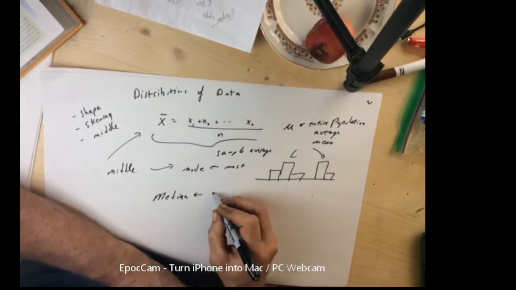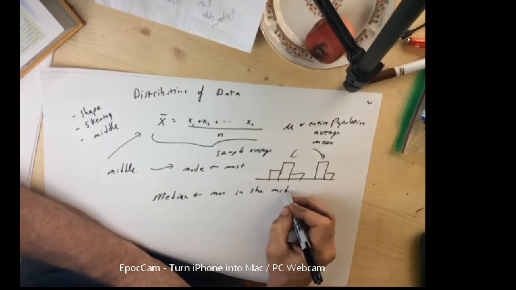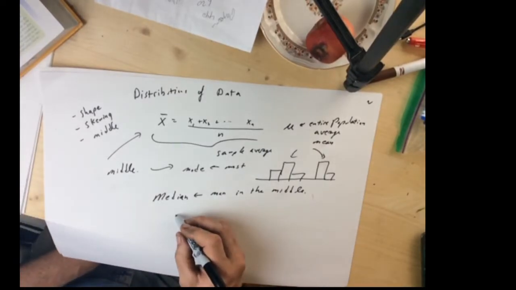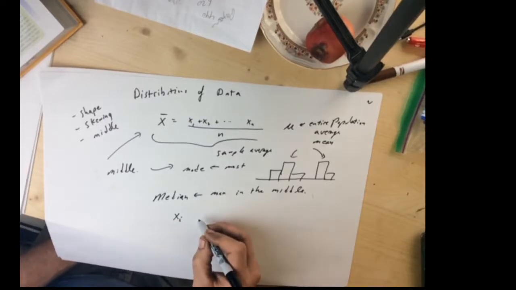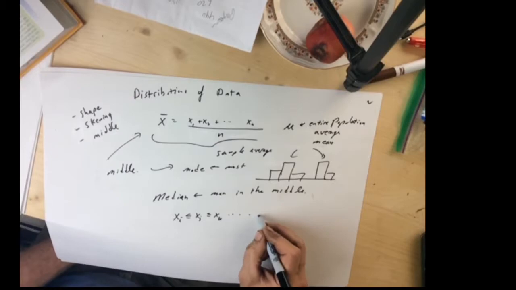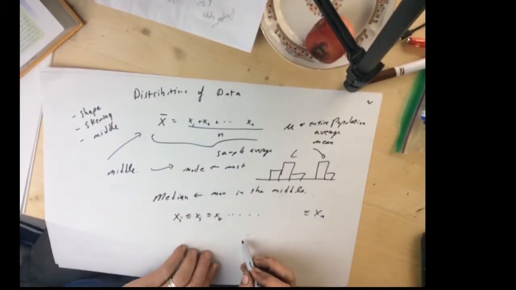The median is best thought of as the man in the middle. So if you lined up all of the data in order, x_i is less than or equal to x_j, which is less than or equal to x_k, all the way to less than or equal to some x_n. They're in order.